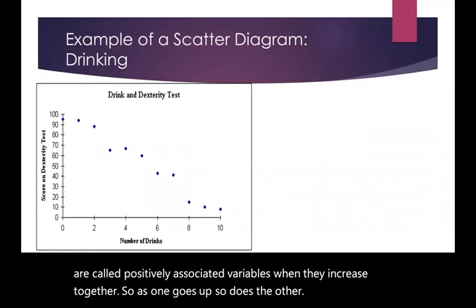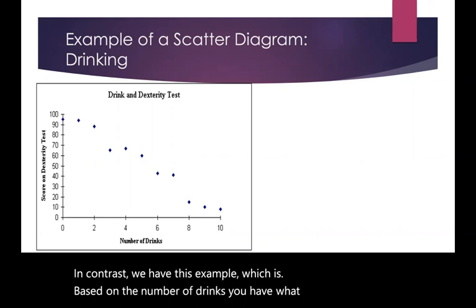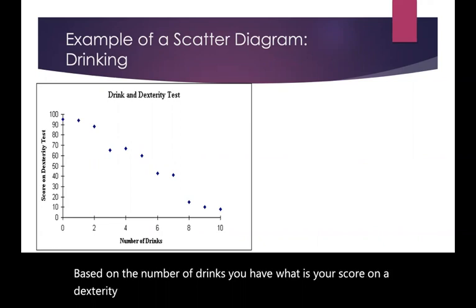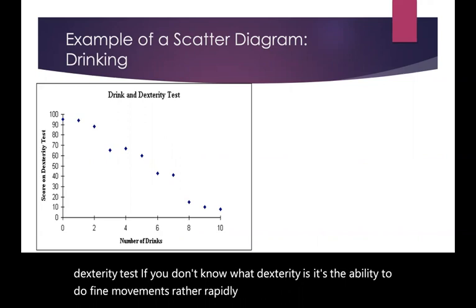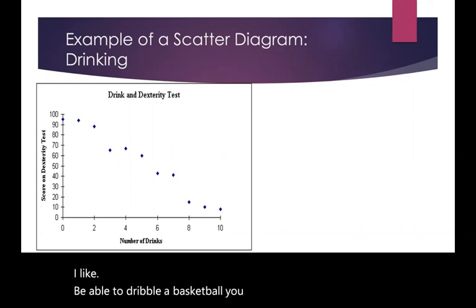In contrast, we have this example, which is based on the number of drinks you have: what is your score on a dexterity test? If you don't know what dexterity is, it's the ability to do fine movements rather rapidly. So it's just your ability to be able to dribble a basketball, something athletic.